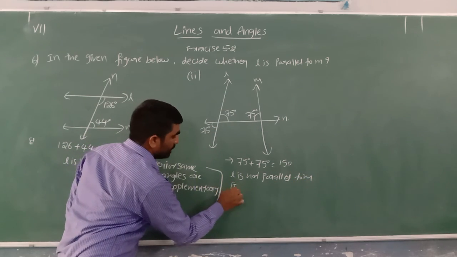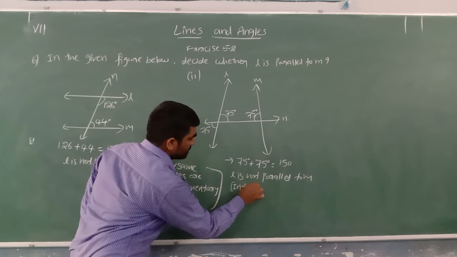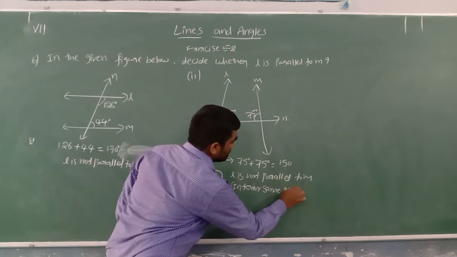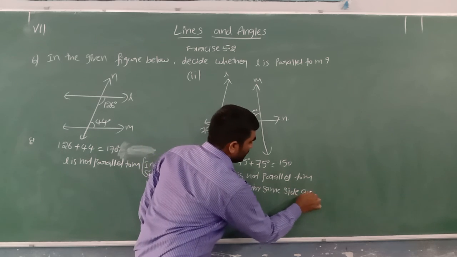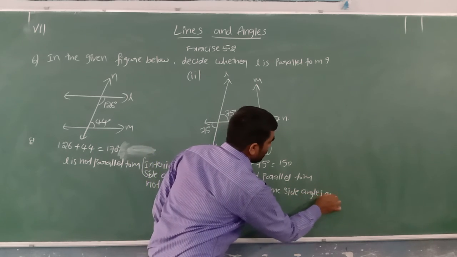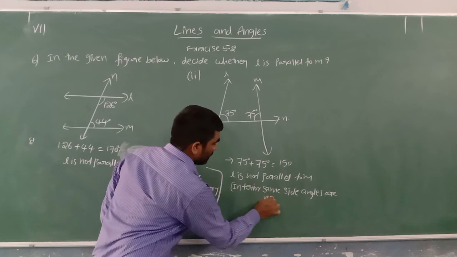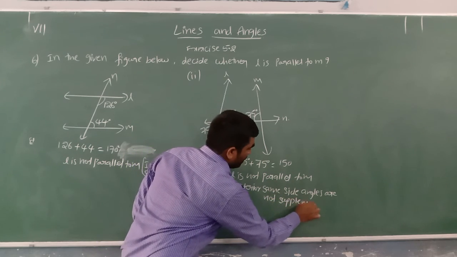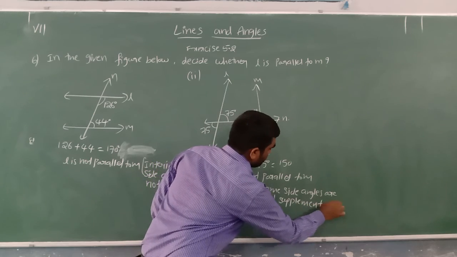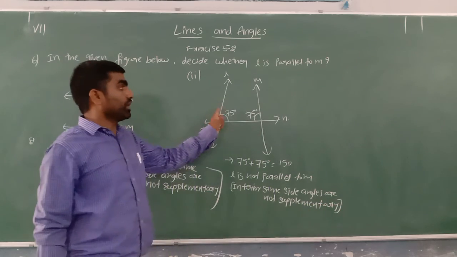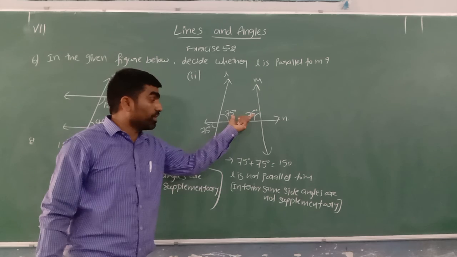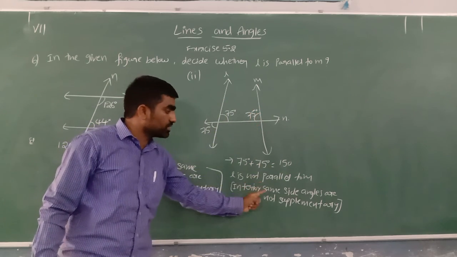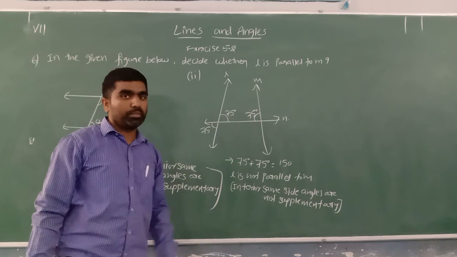The reason is interior same side angles are not supplementary. Because of that reason, they are not parallel. Suppose by adding these two, we are getting exactly 180. We can say that interior same side angles are supplementary and lines are parallel.